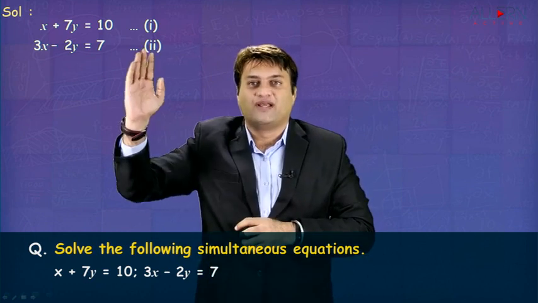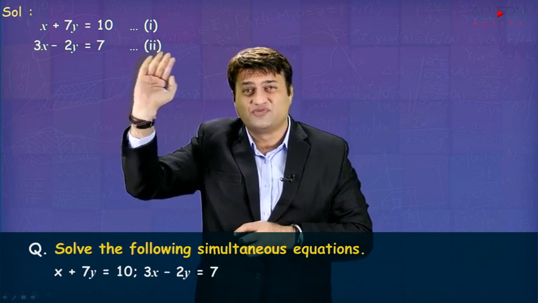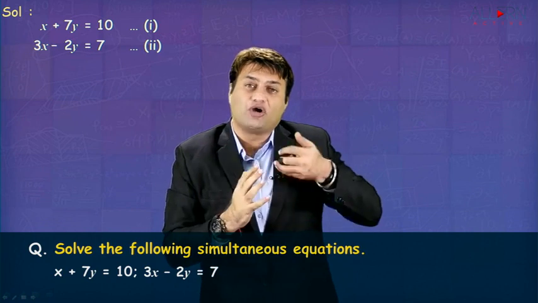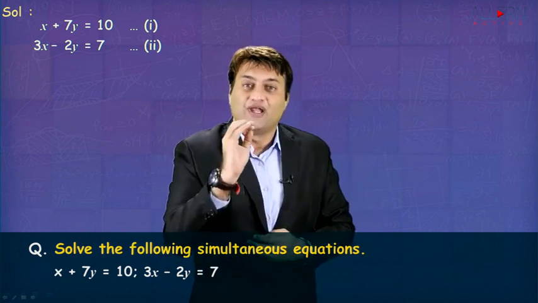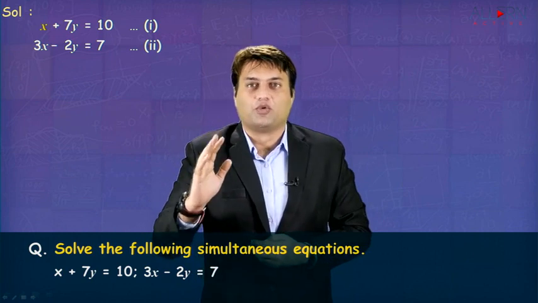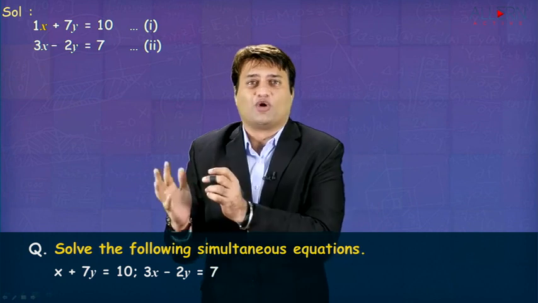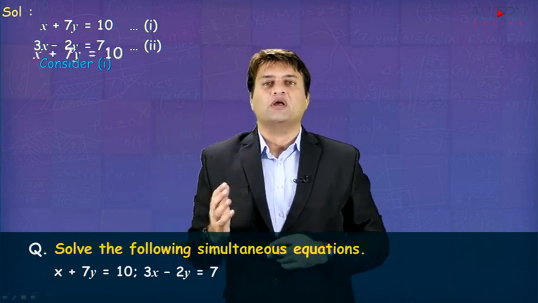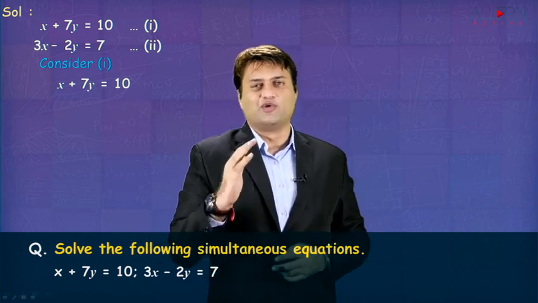For example, here, it is very clear the first equation is the simpler one because it has got an x which has got the smallest coefficient. So let's consider equation number 1, which is x plus 7y is equal to 10, because it has got the smallest coefficient of all the 4 terms.